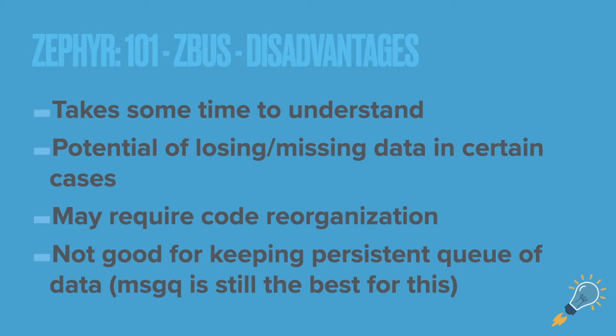And going back to the second point, it's not very good for keeping persistent data. If you really care about that data and want to preserve it as much as possible, you're still probably going to end up using a separate message queue somewhere in your code.